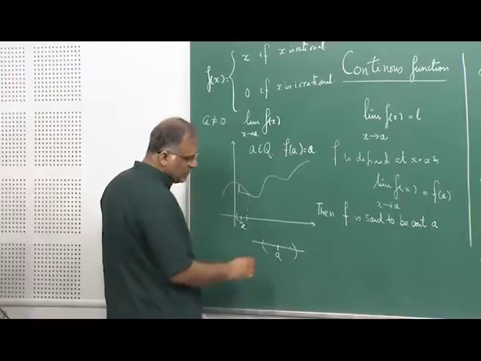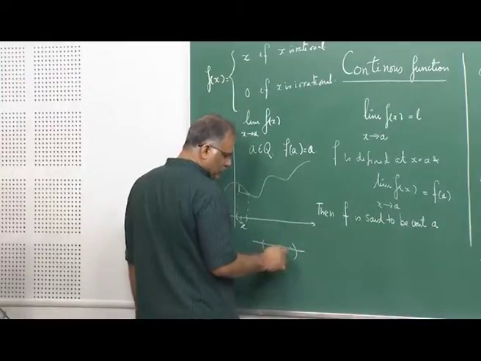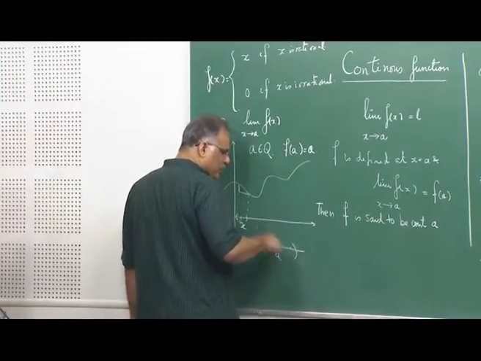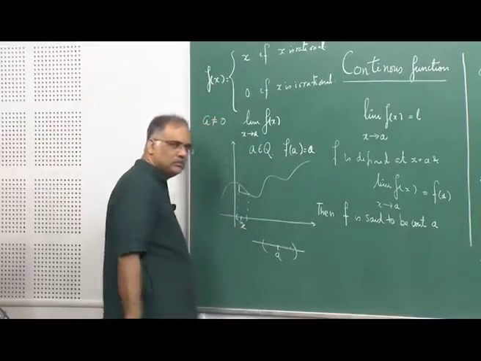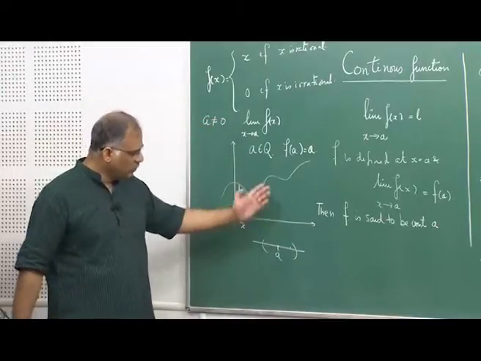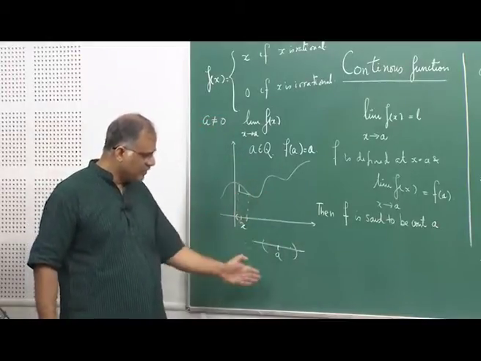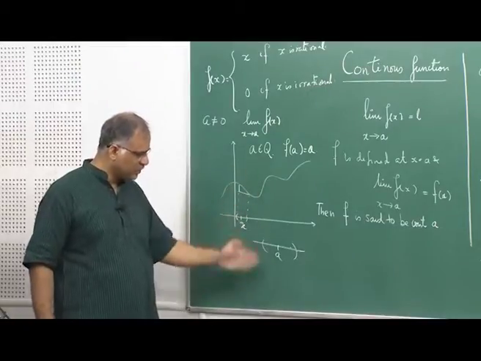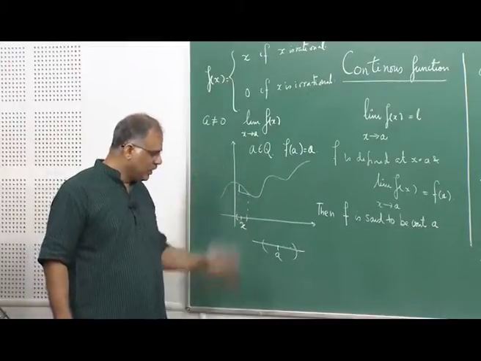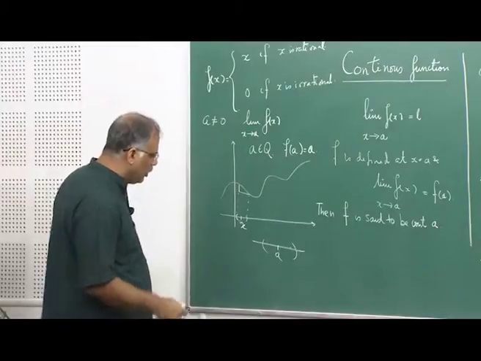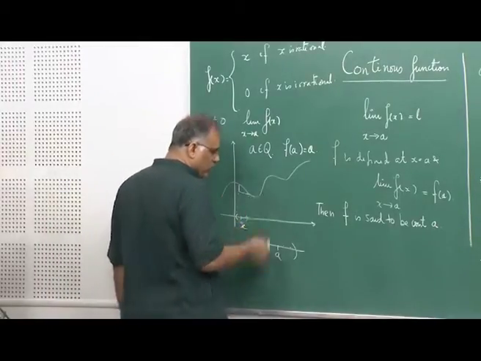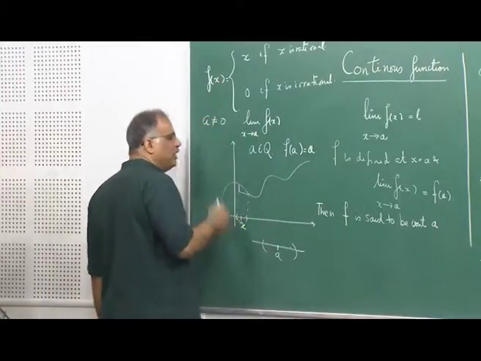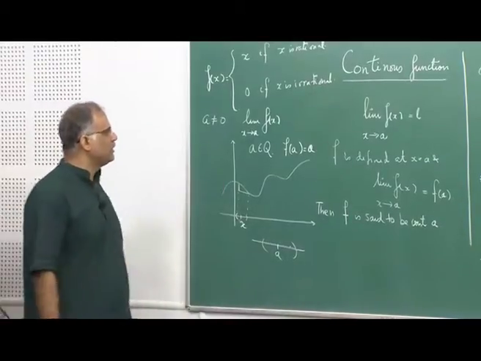So what happens is that the function value keeps on simply oscillating between some value of x and 0, x and 0, x and 0. It is not possible to stabilize that movement, and that is why the limit does not exist.